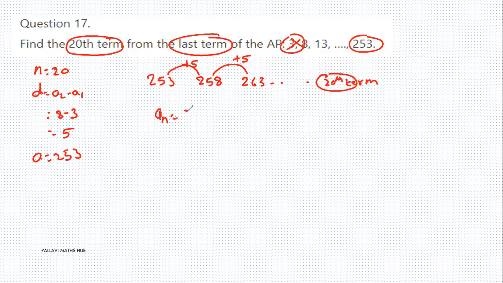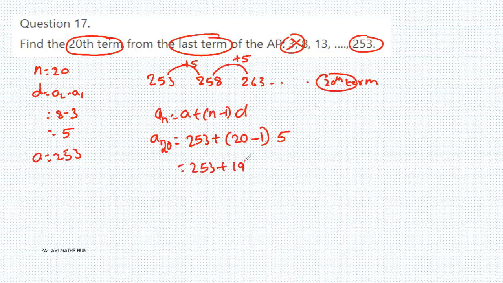As usual, An is equal to A plus n minus 1 into D. The value of A is 253 plus n value is 20 minus 1 into the value of D, 5. Next step, 253 plus 20 minus 1 is 19 into 5. 253 plus 19 fives are 95.